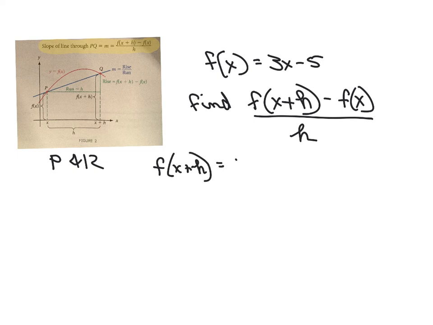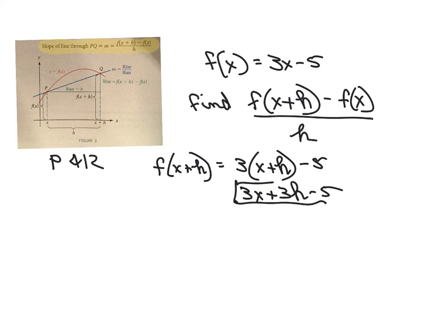That's going to be 3 times x plus h. So again, wherever there was an x, we're putting this in, minus 5. And if we distribute, we get that. So that is our f of x plus h.